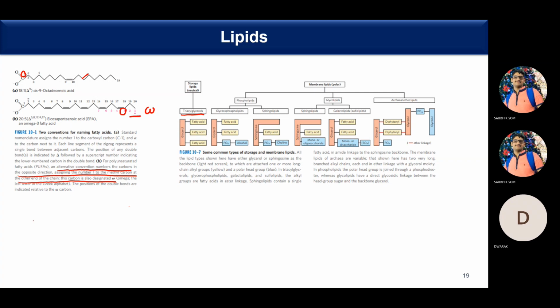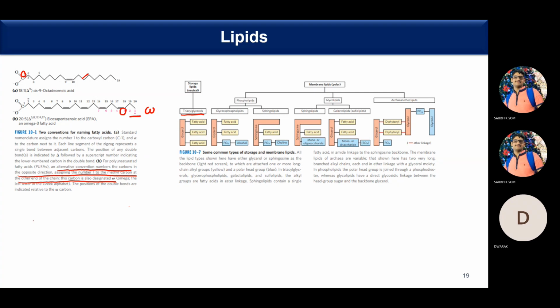There are glycerophospholipids, which have glycerol, fatty acids, and also a phosphate and alcohol. Then there are sphingolipids, which instead of glycerol have sphingosine as the anchoring molecule.